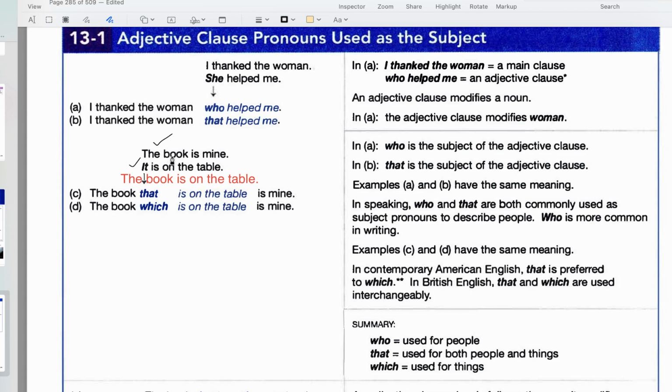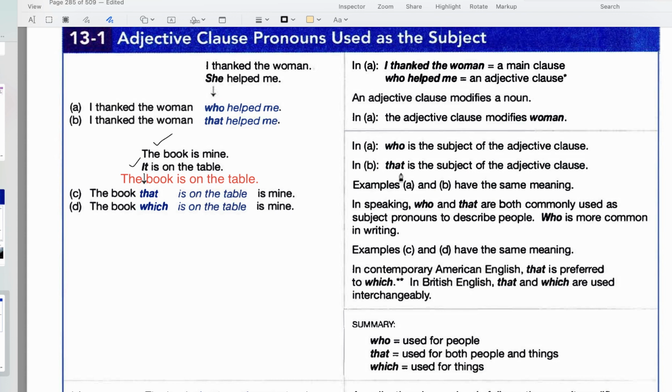I can use a relative pronoun. So I can use that or which. And again, your reader and your listener knows that you've got a complete sentence that used to stand on its own. Now you're bringing it into a main clause, and you're going to use a relative pronoun to do that. Okay? So if we go over here, just as a review, we use who for subjects of adjective clauses. We use that for subjects of adjective clauses.